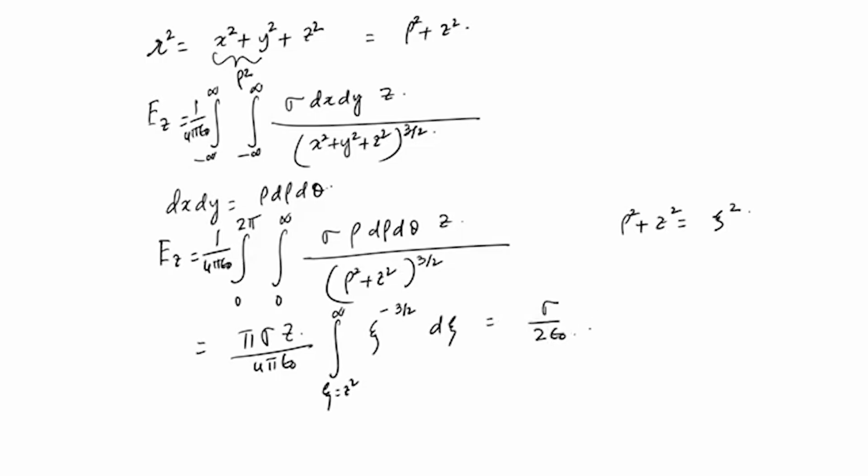This is an interesting result because if it is an infinite sheet, whether you take the point at a distance h or at a distance 2h, or anywhere you want to calculate the field, it is always a constant and has a value of sigma divided by 2 epsilon 0.